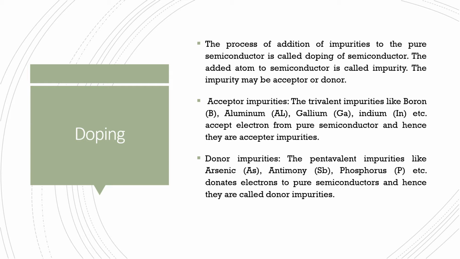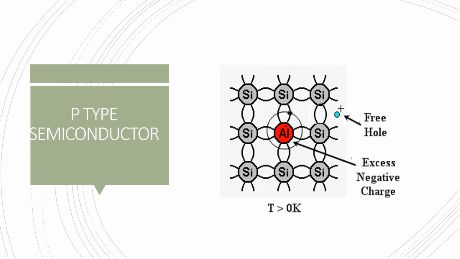The pentavalent impurities like arsenic, antimony, phosphorus are the materials which donate electrons to the pure semiconductor and hence they are called donor impurities.